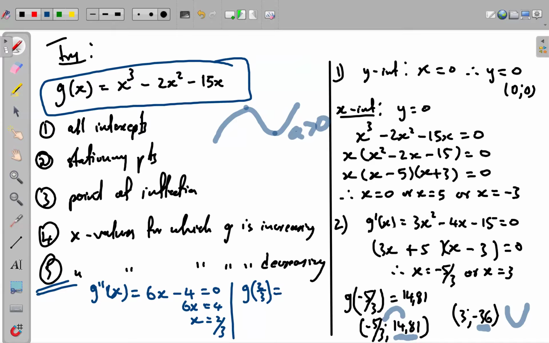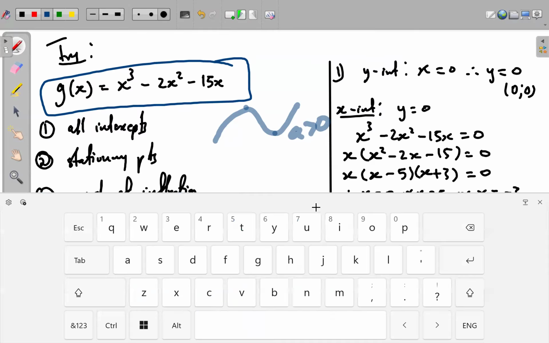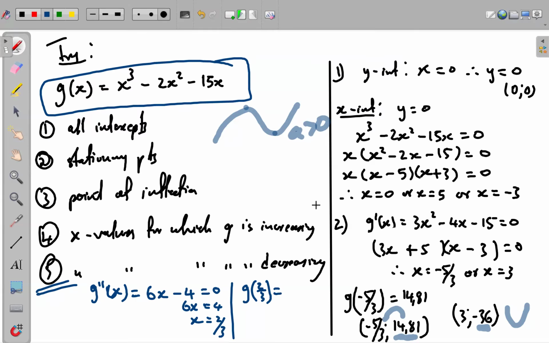Right. So that gives us a negative 286 over 27. So that becomes our point of inflection. Very weird, ugly numbers here, but it is what it is. That's what we got. So let's see so far what has happened. The y-intercept, you've got that.